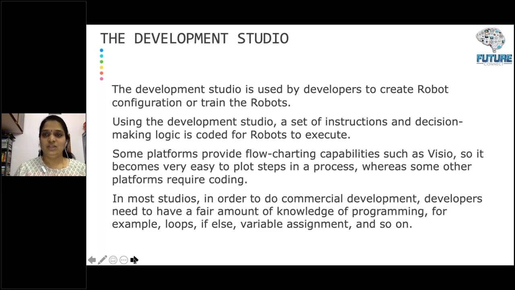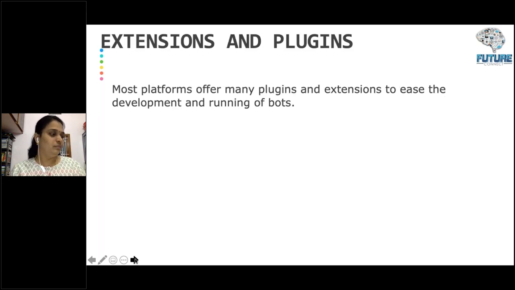Enter into the website. Go to this menu. So you have to train the robot, the intangible robot. That is nothing but developing the sequence. So that is the development studio.